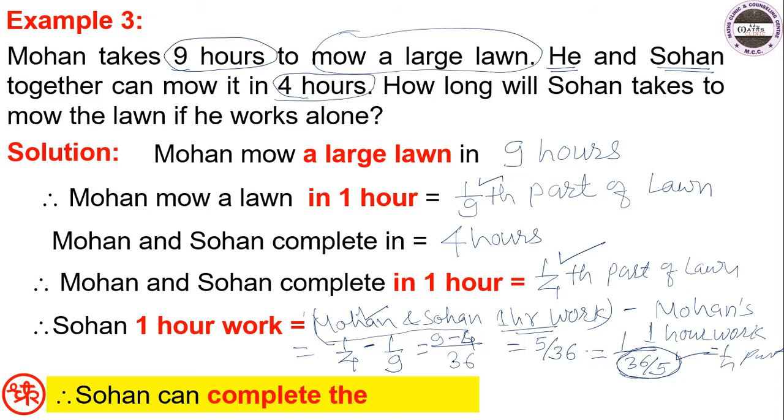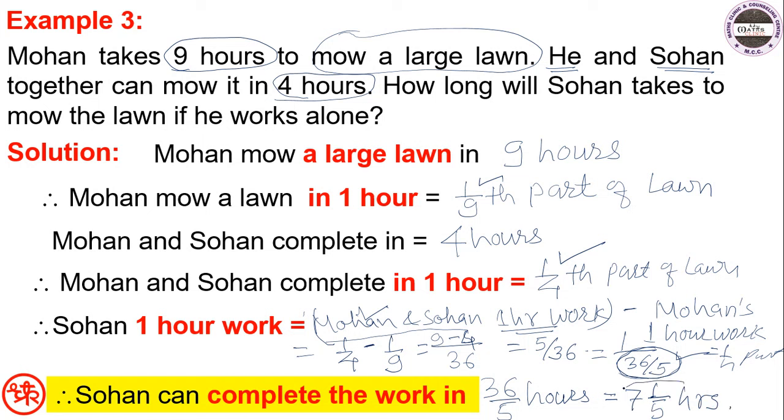Okay, and therefore Sohan can complete the work in 36 by 5 hours. That is equal to how much? 7 1 by 5 hours.